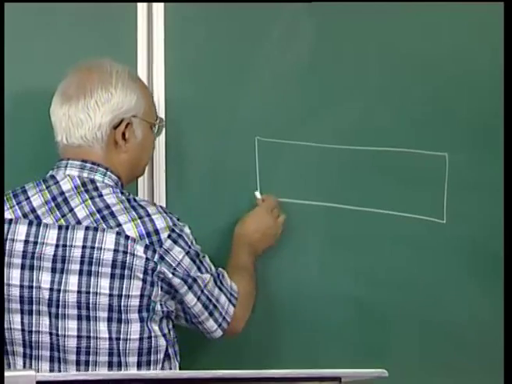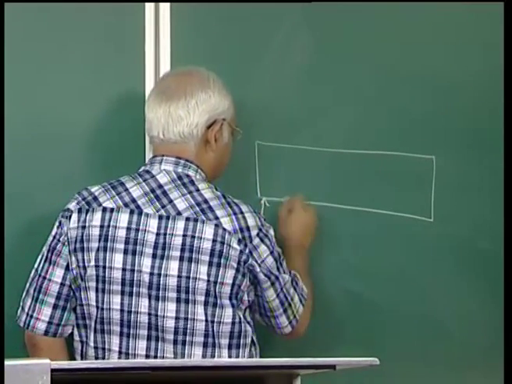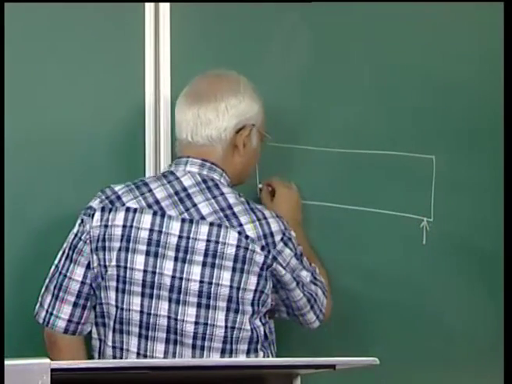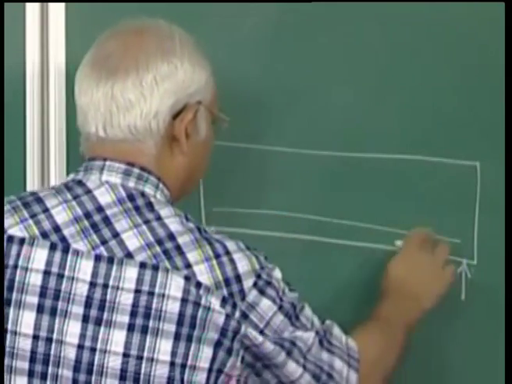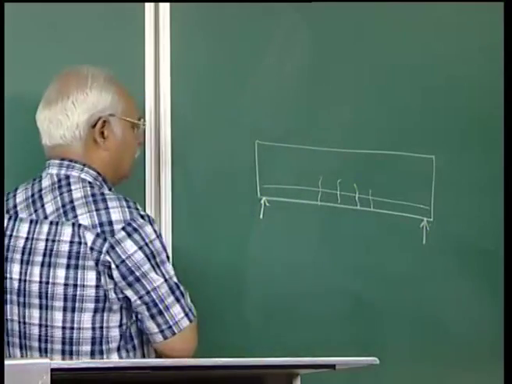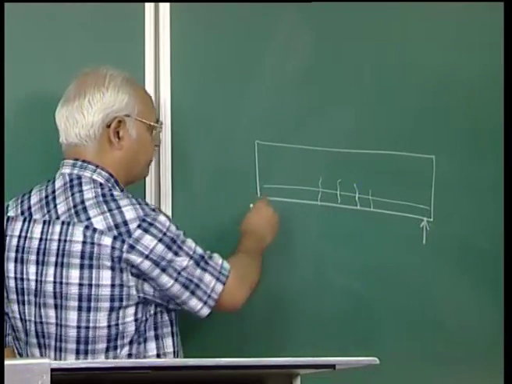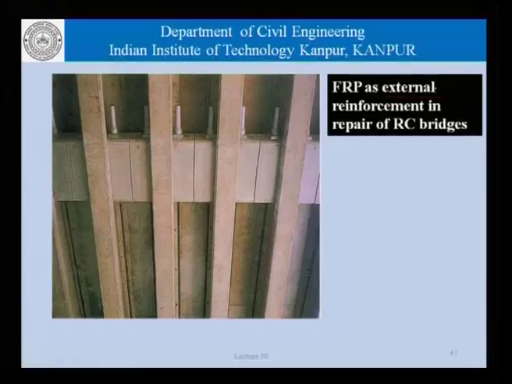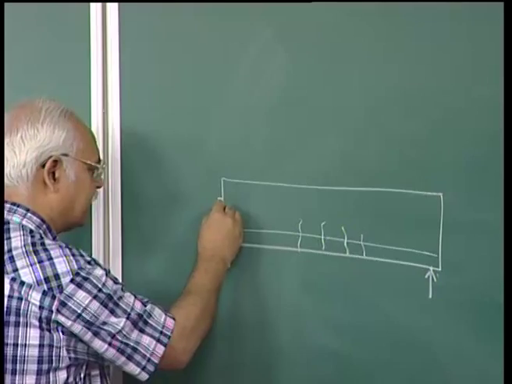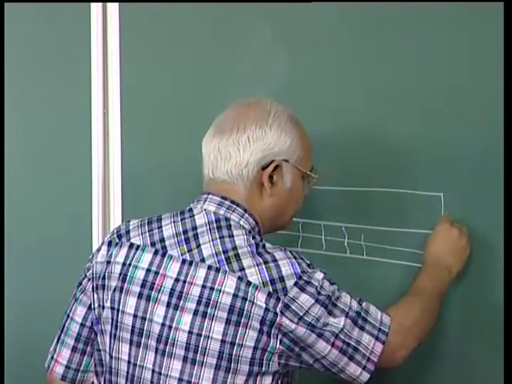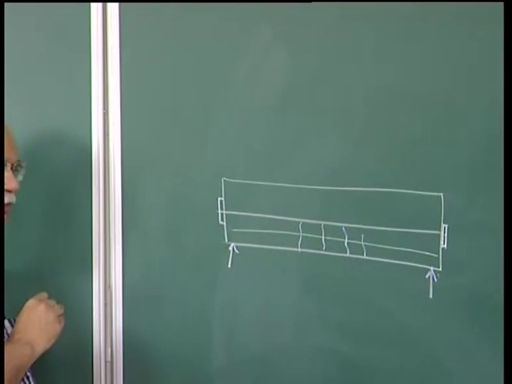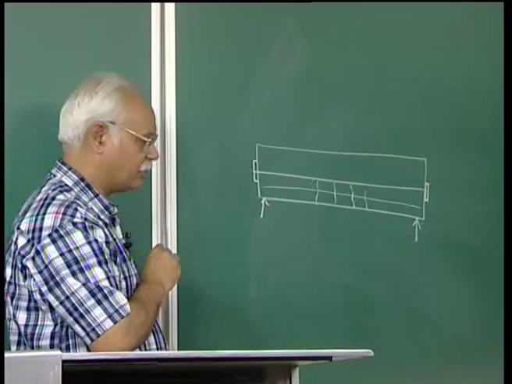When we have a beam and it deteriorates, if there is a concrete beam with reinforcement which has cracked, one of the ways of repairing this beam with external reinforcement would be to have something outside this beam and tie the two ends using something like a fiber reinforced plastic rod.